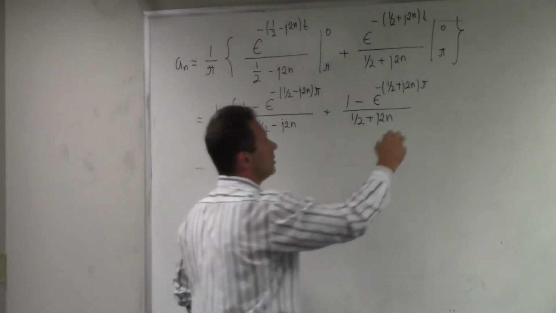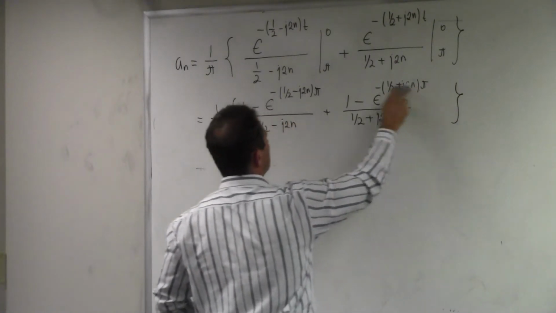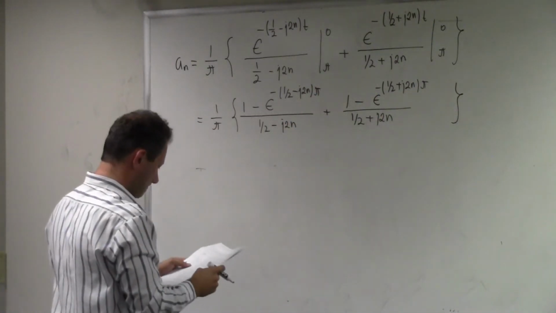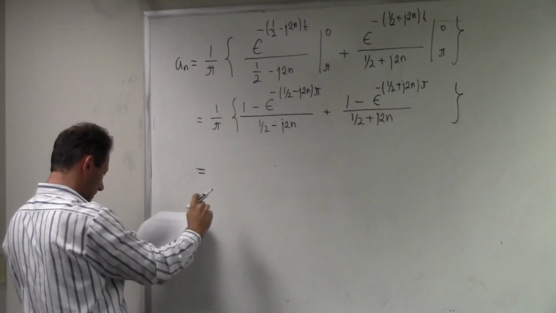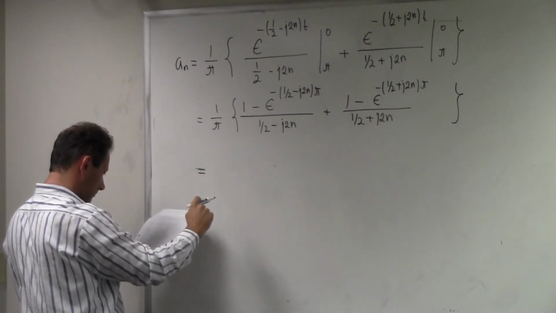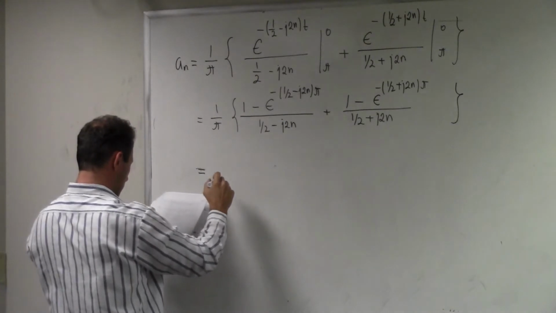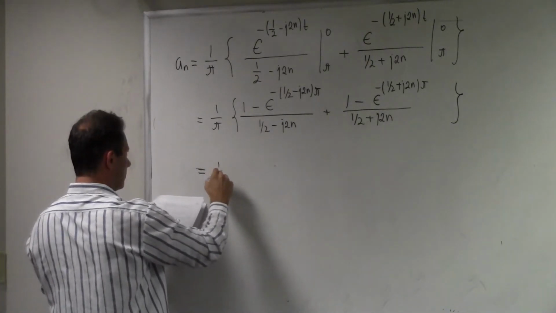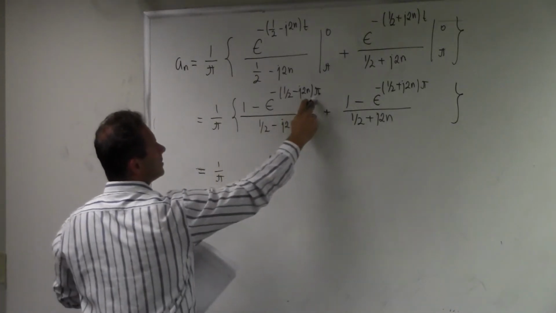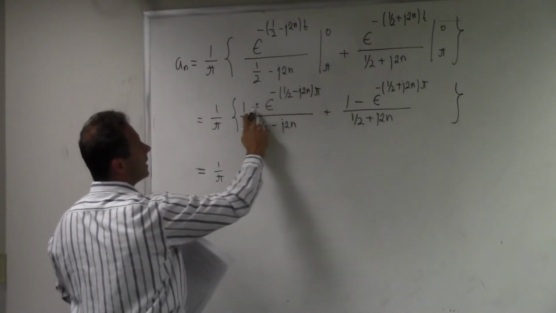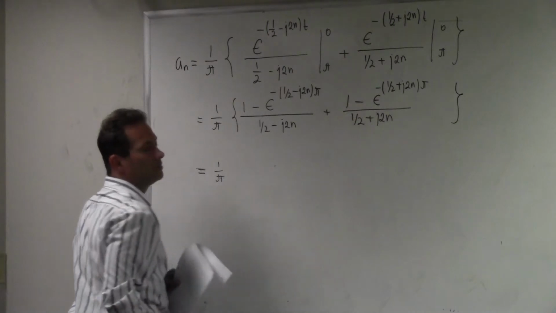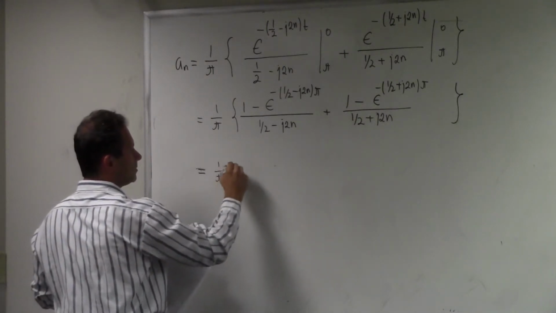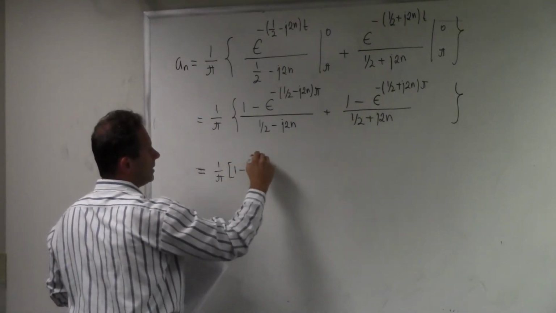So this n disappears from upstairs, and you end up with something that looks like this, 1 over pi. And then if n disappears, the second term disappears, then you have e to the minus pi over 2 here, and e to the minus pi over 2 here as well. So this becomes 1 minus e to the minus pi over 2.